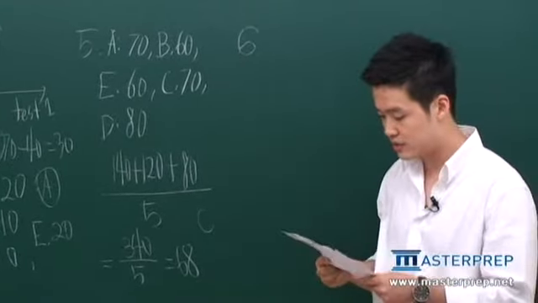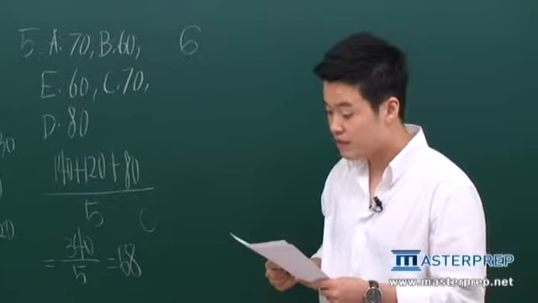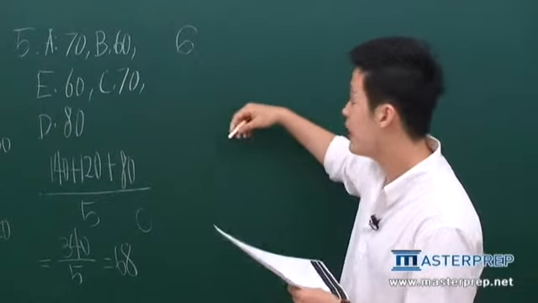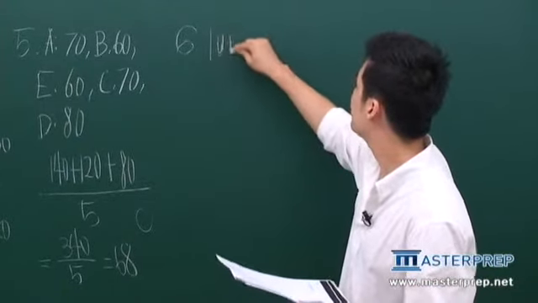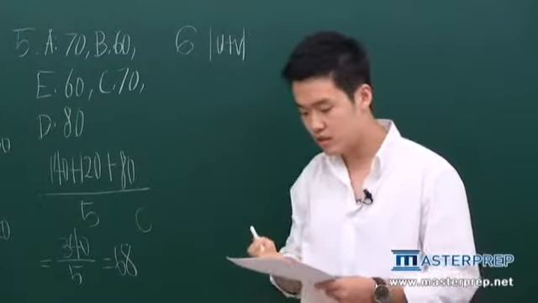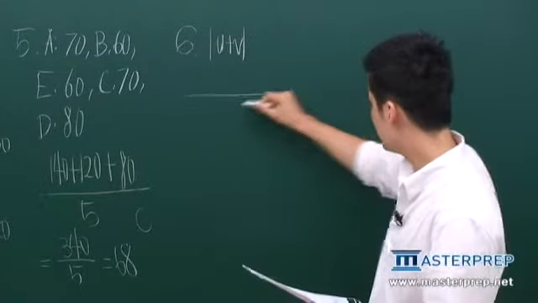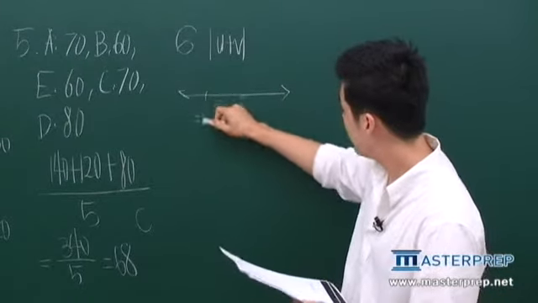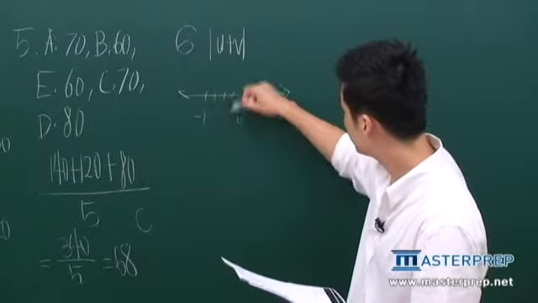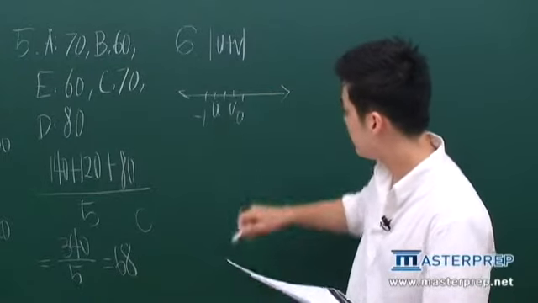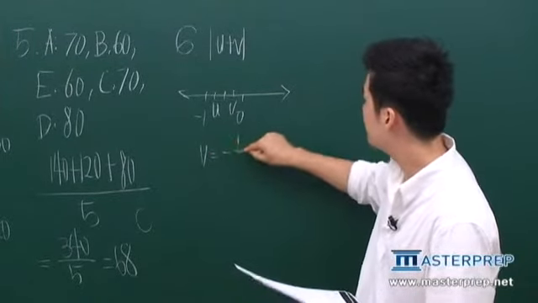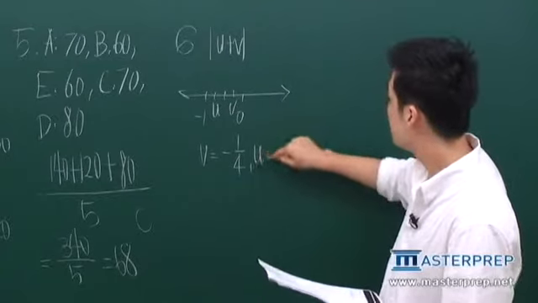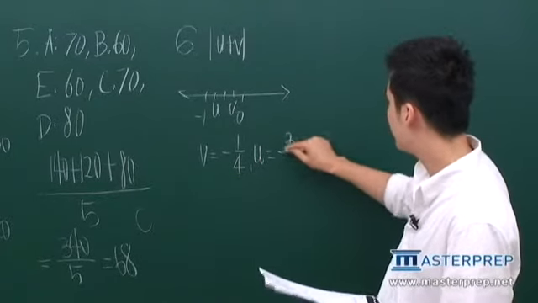Let's look at number 6. We want to find out the value of u plus v. Looking at the number line, u and v are between -1 and 0. So v must be -1 over 4 and u must be -3 over 4.